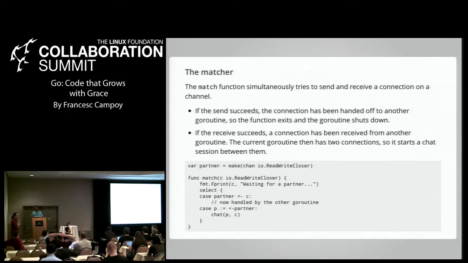Yes? You said the Go routines are very lightweight. What's behind the scenes, like a user space bridge on this? So if you know what a coroutine is, it's a very similar concept. They are handled by the Go runtime, not by the OS, and changing from one to the other is actually done by the Go scheduler.